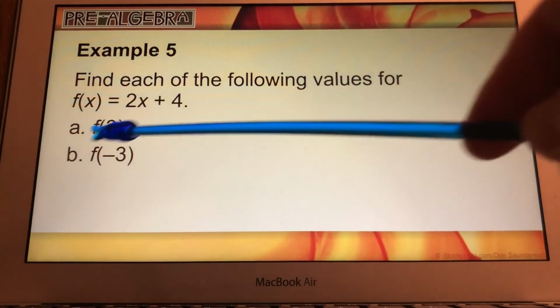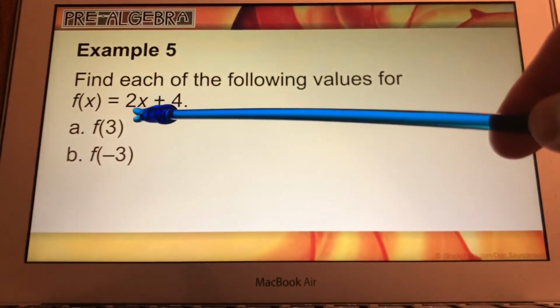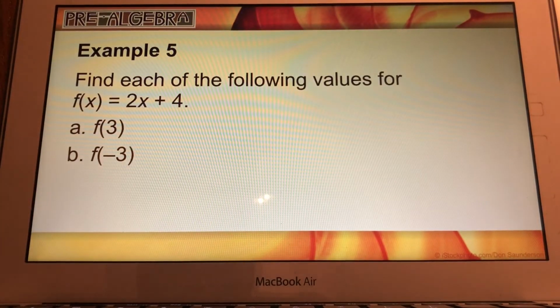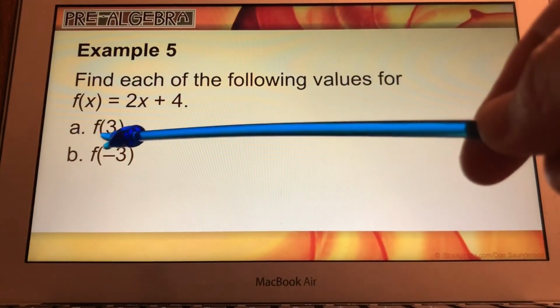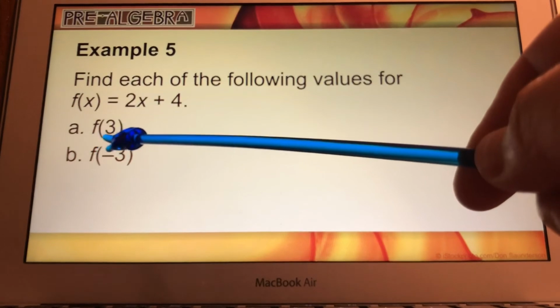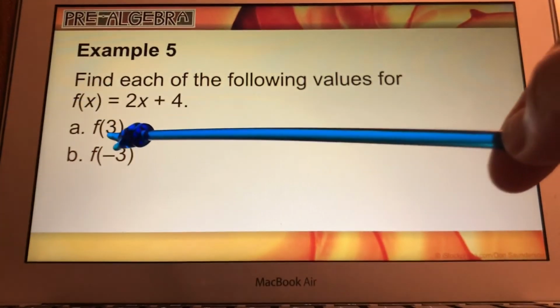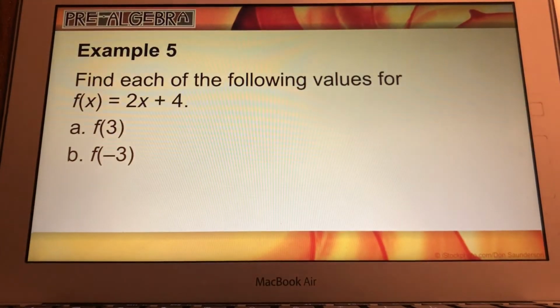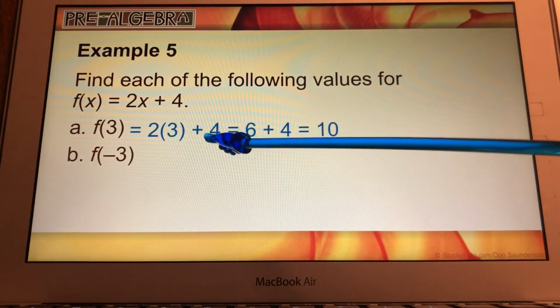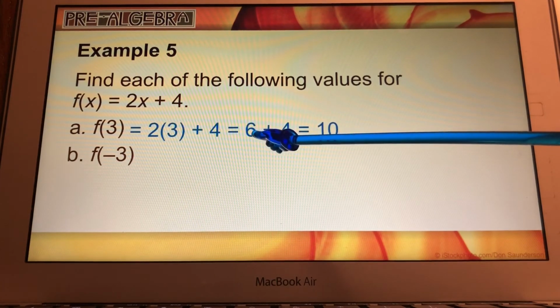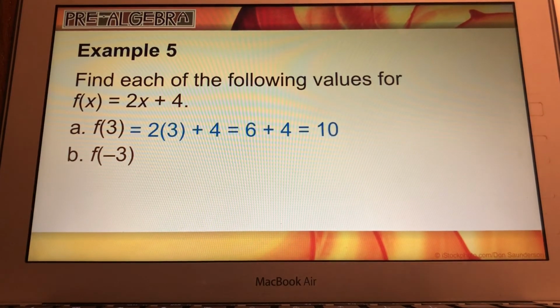Let's say that you're given now f of x is equal to 2x plus 4. Okay, and it says find the value for f of 3. That means I'm going to plug 3 in for x, and I'm going to evaluate 2 times 3 plus 4, and that gives me 6 plus 4, and that's equal to 10.